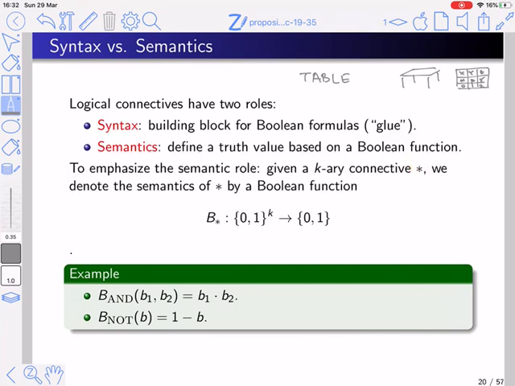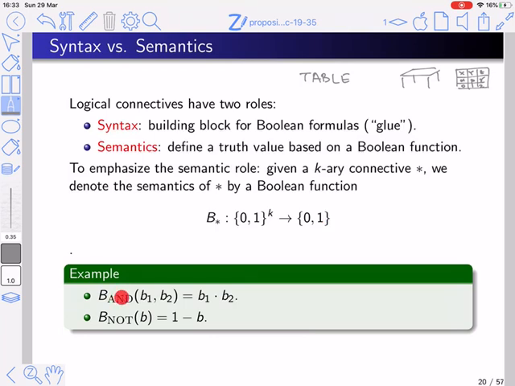So we're given this logical connective and we want to denote the Boolean function that is attached to this connective. And we denote this Boolean function by capital B subscript star. And this is, of course, a function defined over k-bit strings because the connective is k-ary, and it assigns values which are 0, 1.